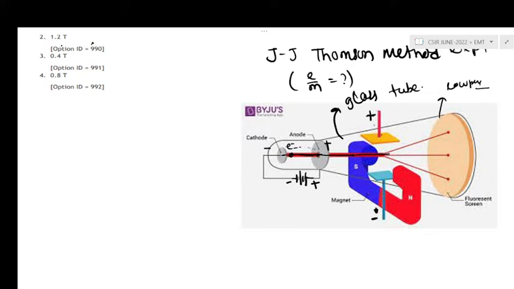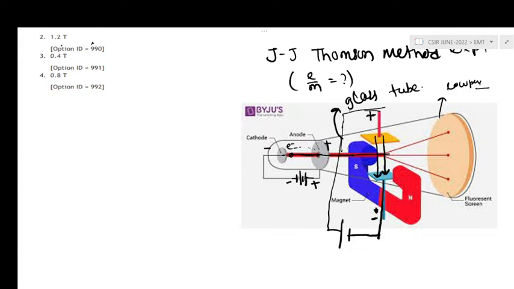The upper plate is at positive potential, connected to a battery, and the lower plate at negative potential, and then the electric field will be set up, directed from the positive plate to the negative plate.